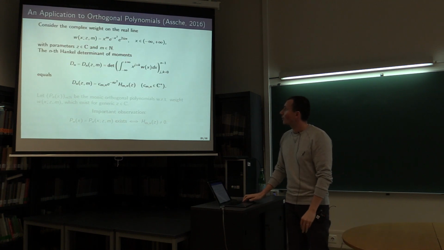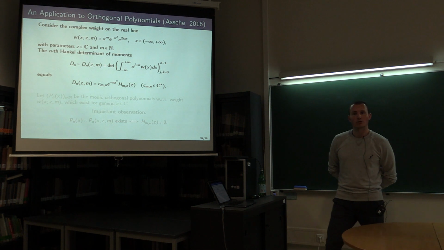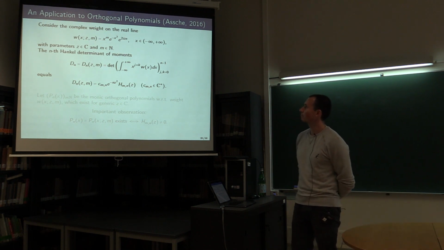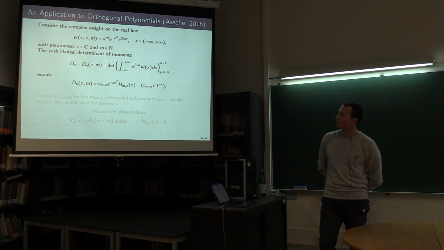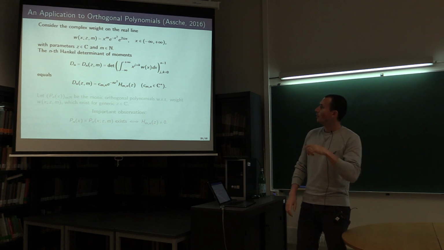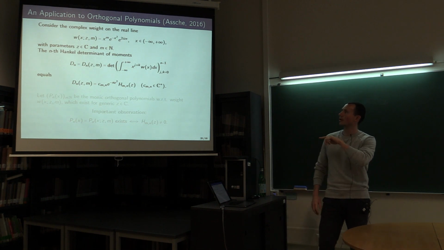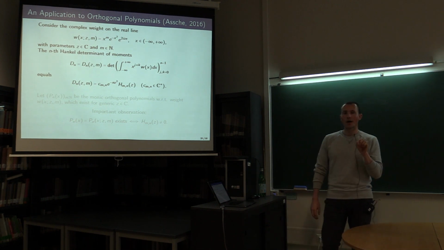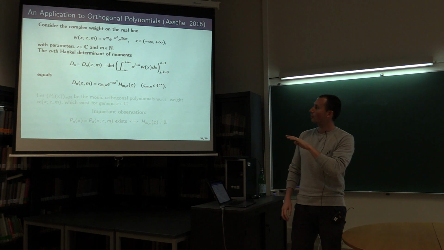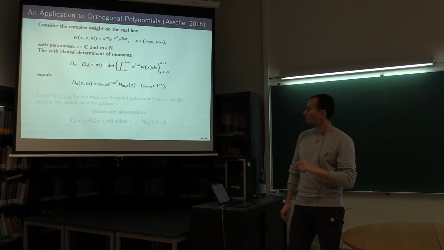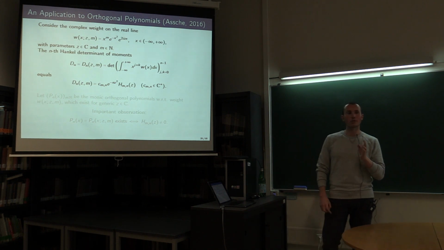Okay, so before I explain our approach to try and solve this problem, I'll just give briefly one application in orthogonal polynomial theory. So if you consider the weight function w, which is x to the power of m, e to the minus x squared, e to the power of 2i z x, where now m and z are parameters, and we compute the n-th Hankel determinant of moments, then this is equal to the generalized Hermite polynomial H_{m,n} times some exponential function.